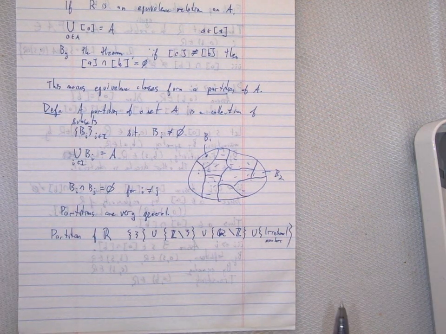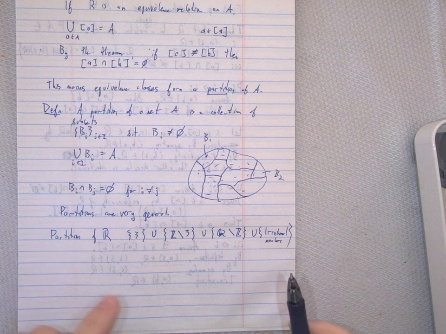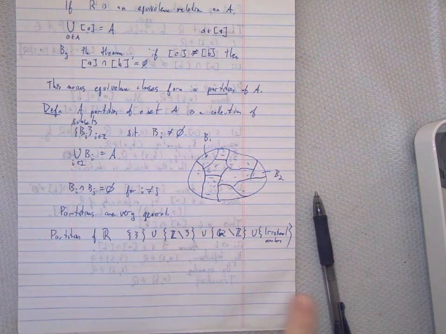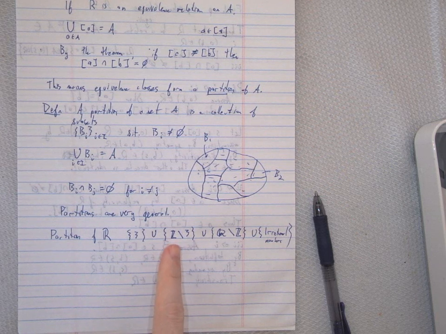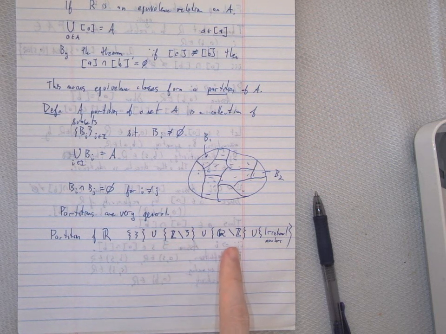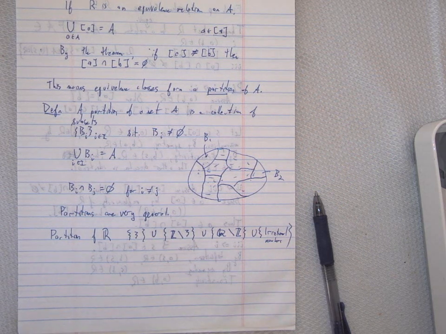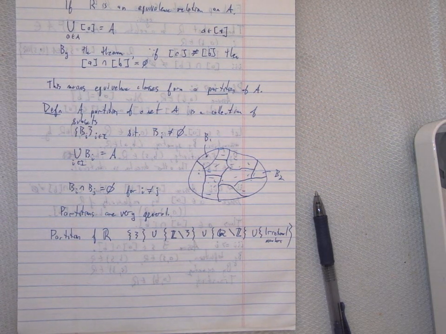This is some partition of the real numbers. Every real number is one of these 4. None of them are empty, and all of their intersections are trivial. 3 doesn't intersect Z minus 3. Z minus 3 doesn't intersect the rationals minus Z, and the rationals certainly don't intersect the irrationals.